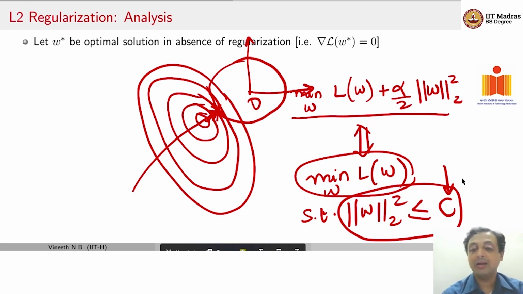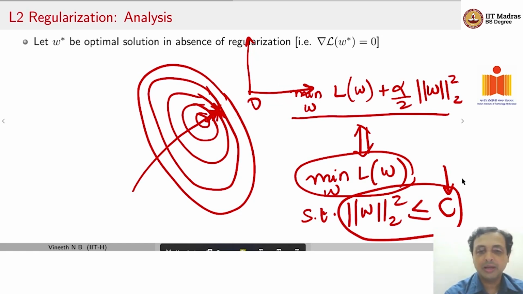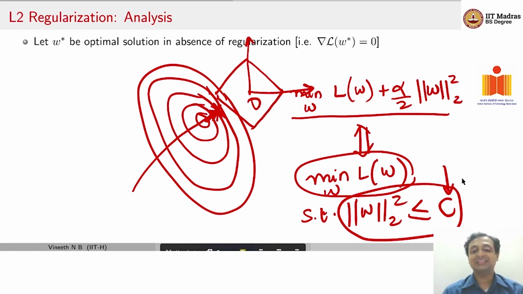However, if you had L1 weight decay, then your norm ball is going to be a rhombus, not a square, not a sphere. So a rhombus has sharp edges, which means it's very likely that you will find the minimum along points where one of the axes is 0.